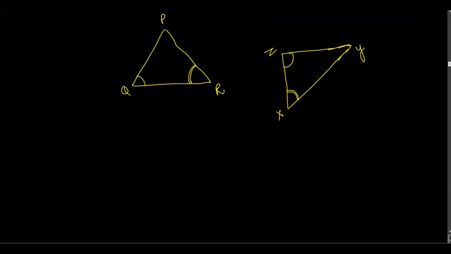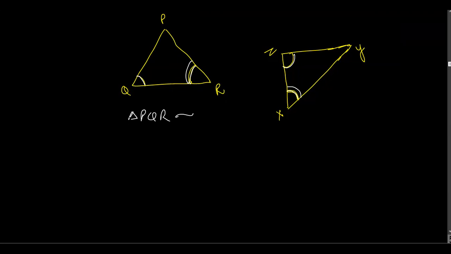What was it? Sir, what is the question? You have to write the name of the triangle. If I'm saying that this angle is equal to this angle and this angle is actually equal to this angle, then if I'm writing here that triangle PQR would be similar to, name the triangle.